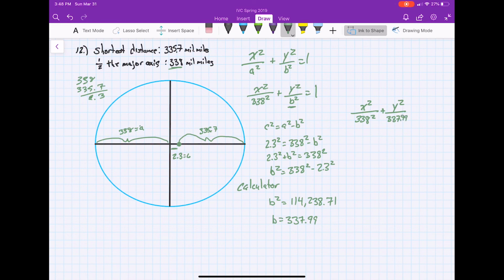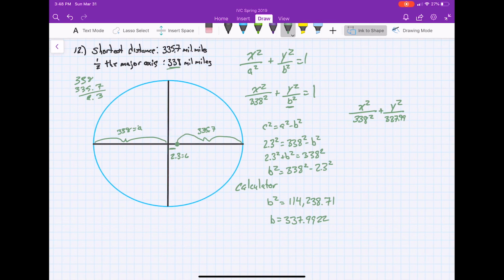And to be more exact, this was actually 337.9922. So we'll put our 22 on the end because they didn't tell us how close. And of course, the b needs to be squared as well. So 337.9922 squared.